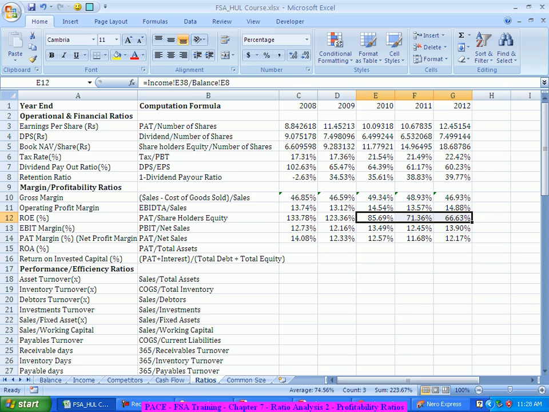I cannot compare the ROE of this versus this because of the kind of risk factors and the kind of costs. See, probably in the automobile industry, the cost of goods sold is very, very high. Almost 72 to 75% is going as the cost of raw materials itself. Gross profit margins are very, very less.